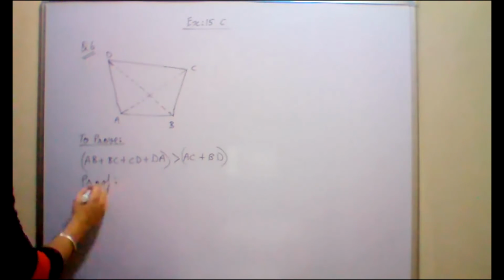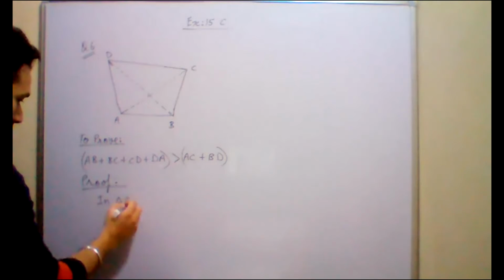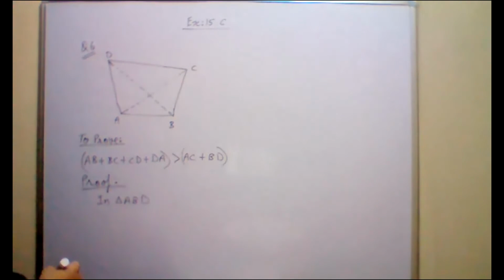Proof. First of all, you will take triangle ABD. In triangle ABD, if I add the sides AB and AD, the sum of these two will be greater than BD.